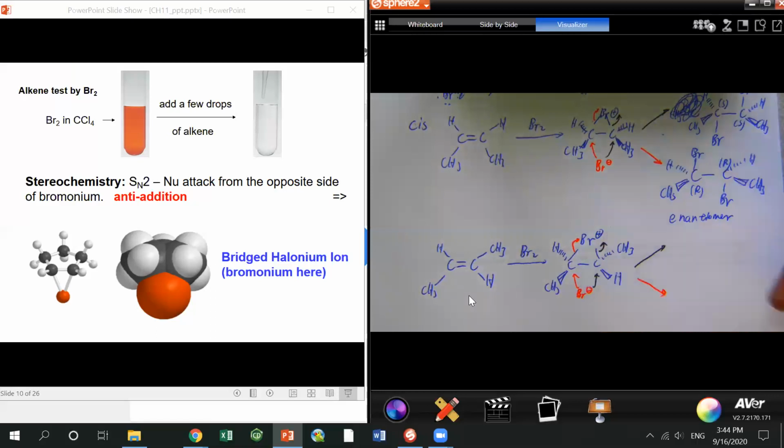So let's try to draw the black one. Hydrogen, C3, okay. And then for the red one, same thing.